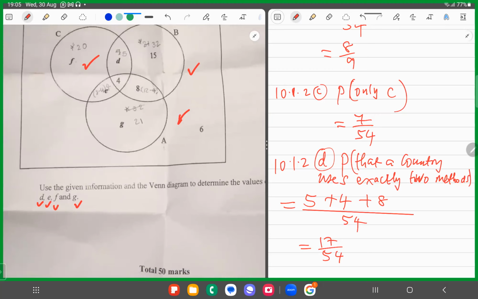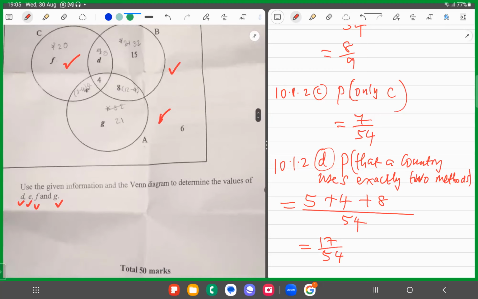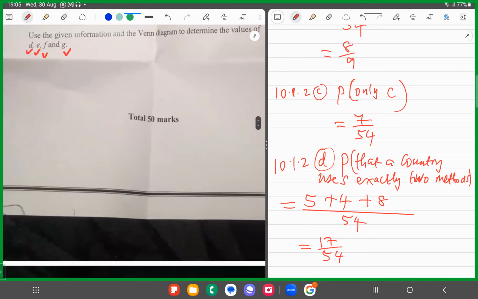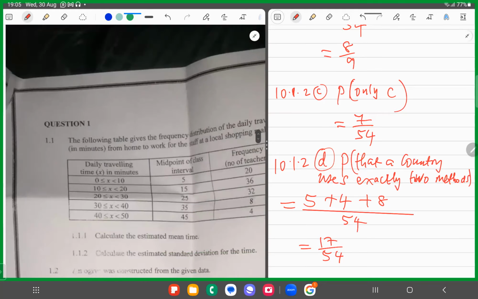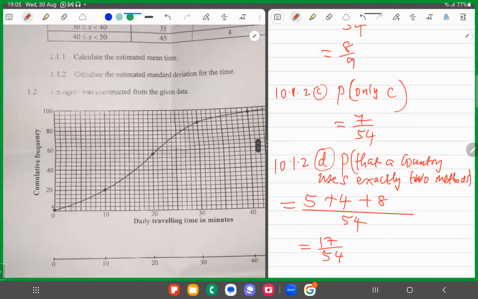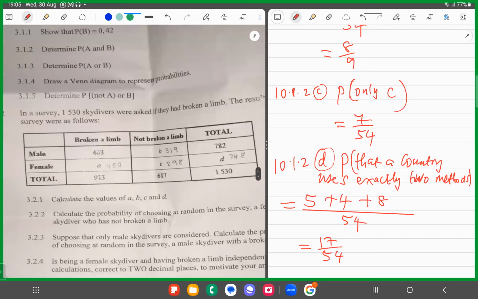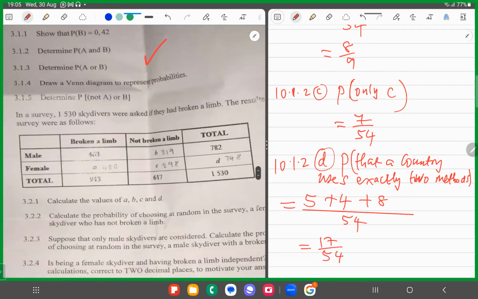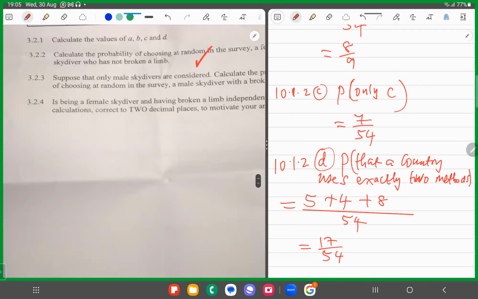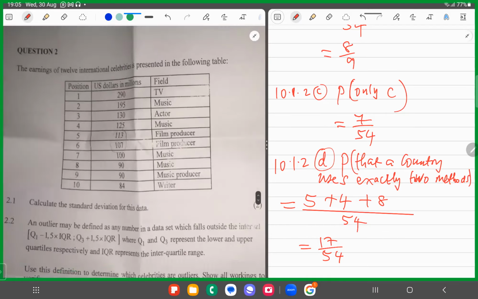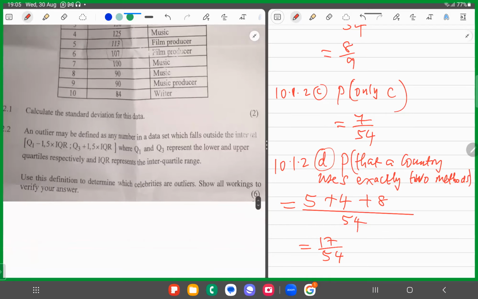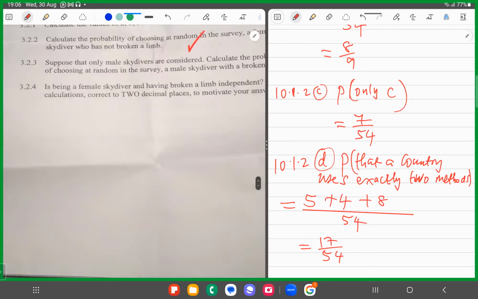So we are happy. We got the 50 marks. Okay, we continue with the calculations. And also this one, we've already done above. Let's just do this one here.